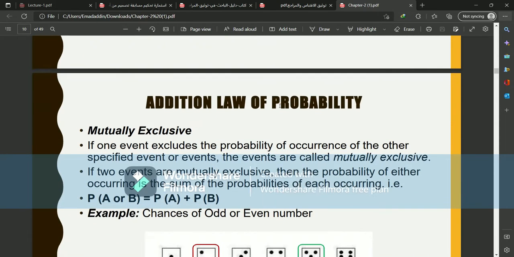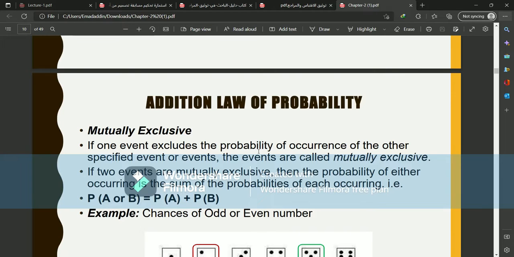The addition law of probability, mutually exclusive events. If one event excludes the probability of occurrence of the other specified event or events, the events are called mutually exclusive.